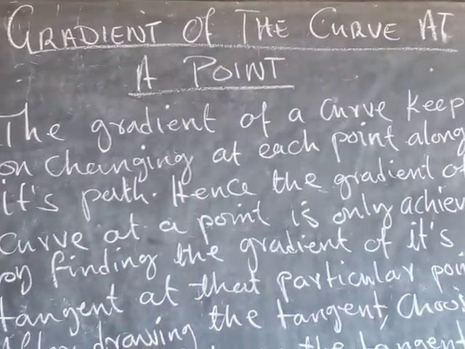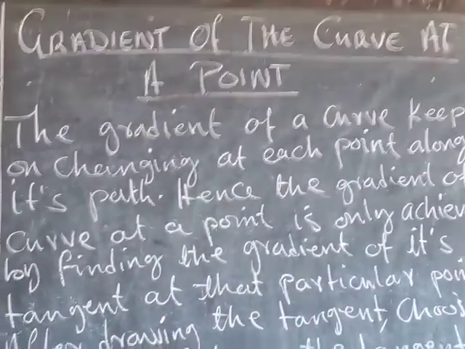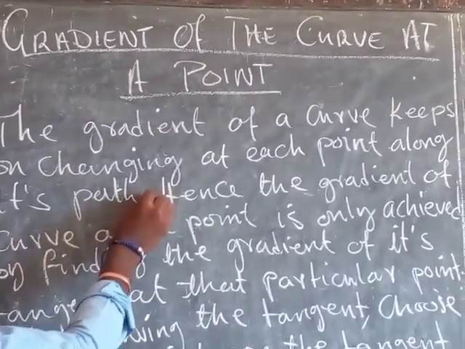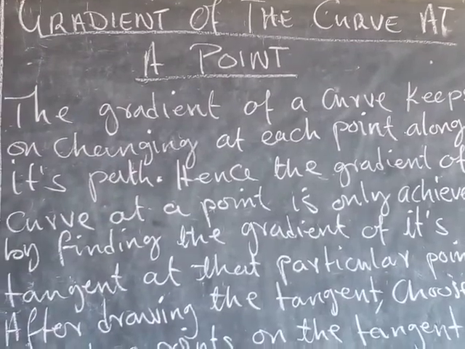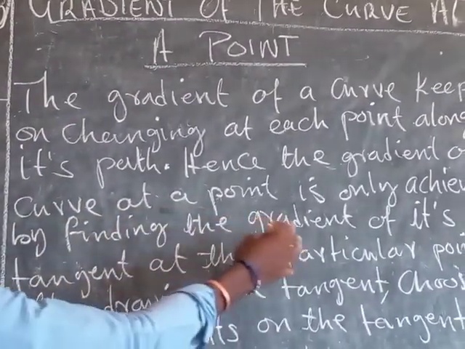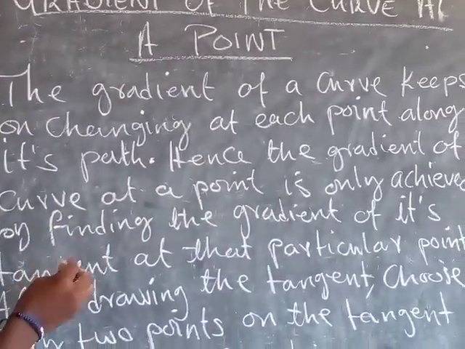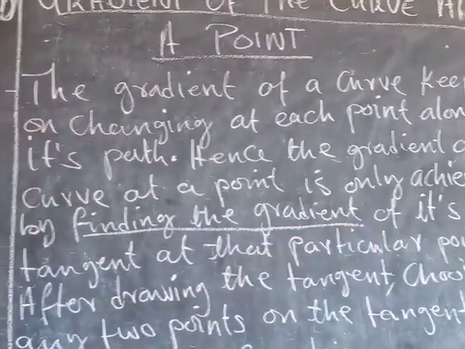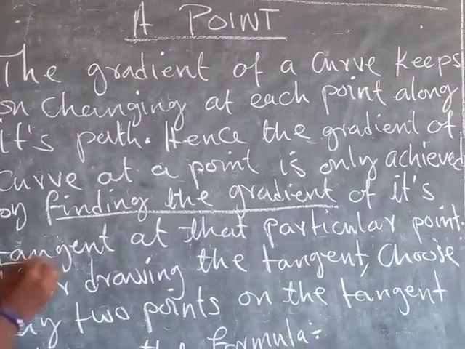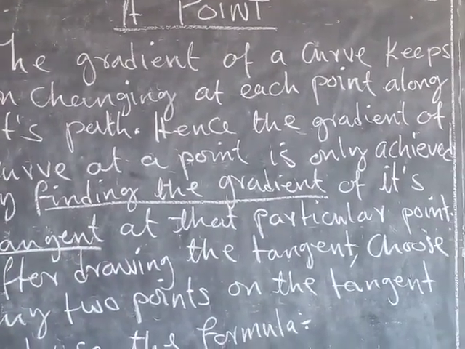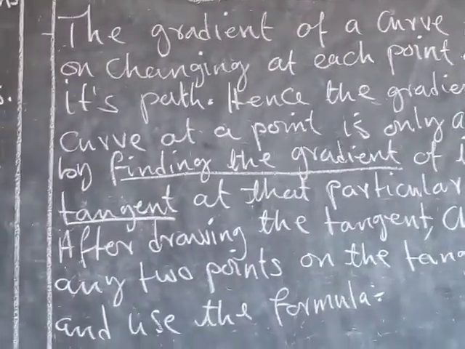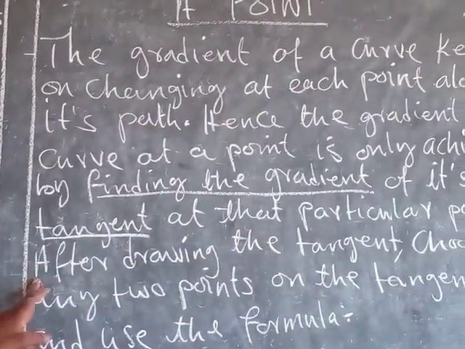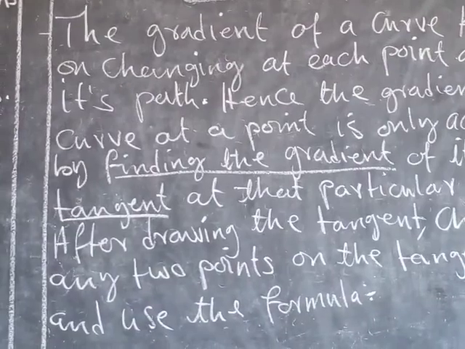So gradient is never constant. It keeps on changing at each point along its path. Hence, the gradient of the curve at a point is only achieved by finding, this is the key, the gradient of its tangent at that particular point, after drawing the tangent.